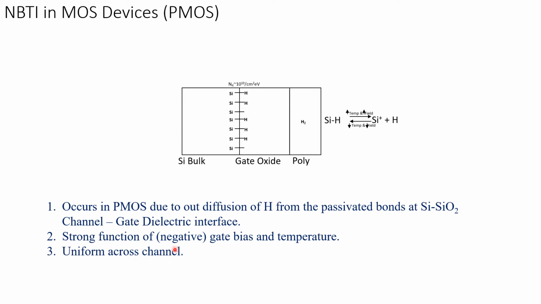And another important point that I want to make here is that, as I already mentioned, reliability models are generated out of statistical distributions. That is, you measure the statistics. So what will be the statistics of this reaction diffusion model, or this BTI phenomenon? In other words, if I ask you, what kind of statistical distribution should this follow?